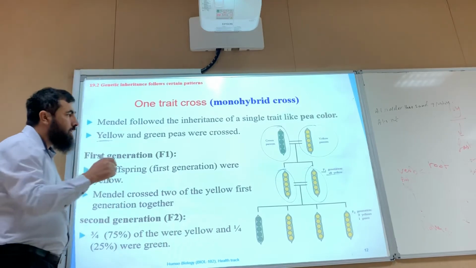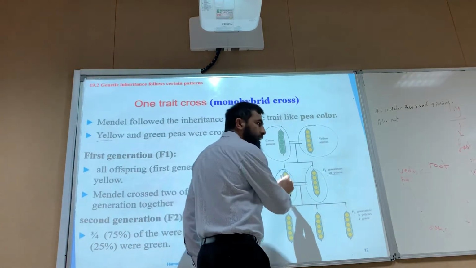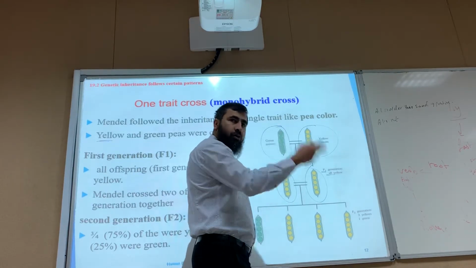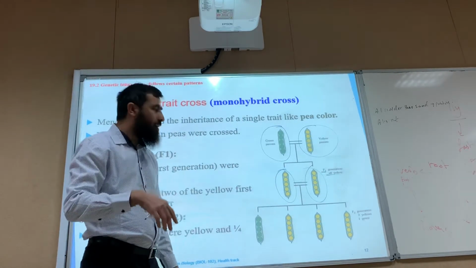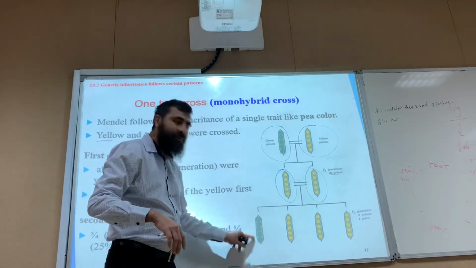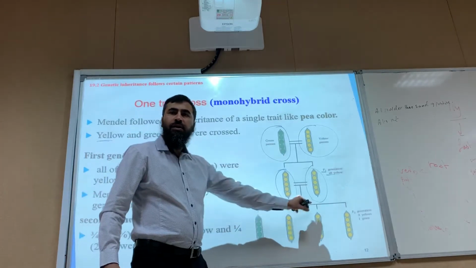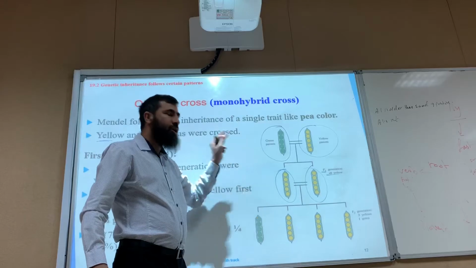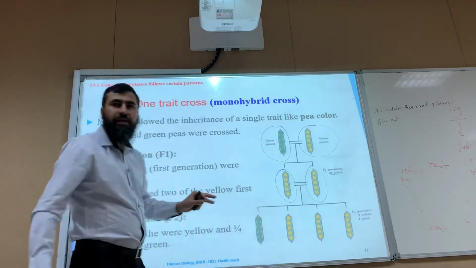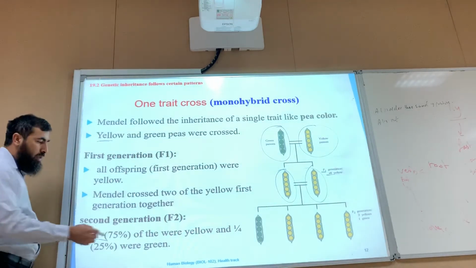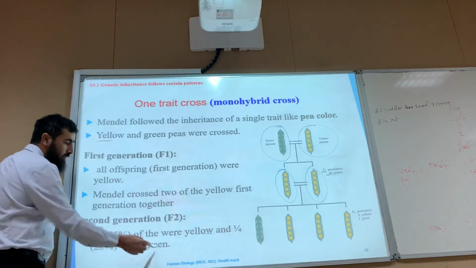What he did was he took some of the offspring of the first generation and crossed them with each other. And he found out that he gets this ratio all the time, where one of them is green and 3 yellow. So when you do a monohybrid cross, you always get this ratio in the F2. 3/4 is yellow, and 1/4 is green.